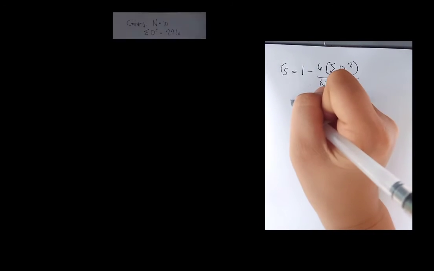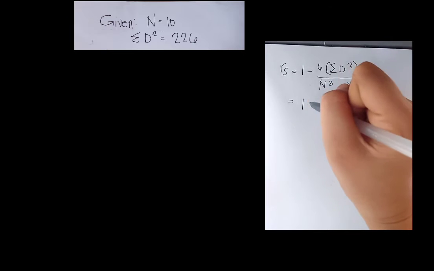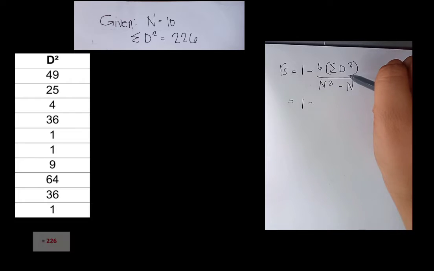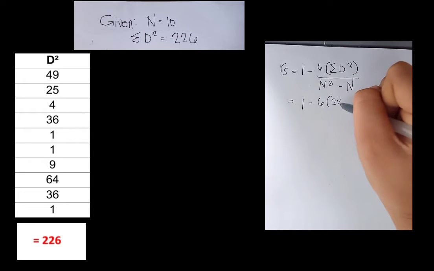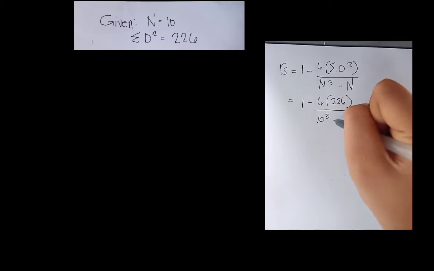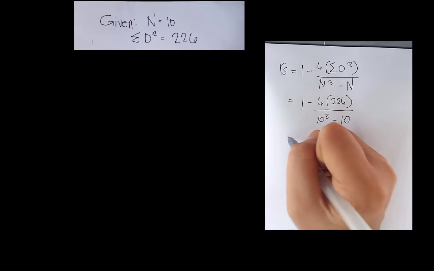Now let's substitute in the formula. Let's copy the 1 minus. Our summation of d squared is 226. So 6 multiplied by 226 over n cubed, which is 10 cubed, minus our number of cases, which is 10.